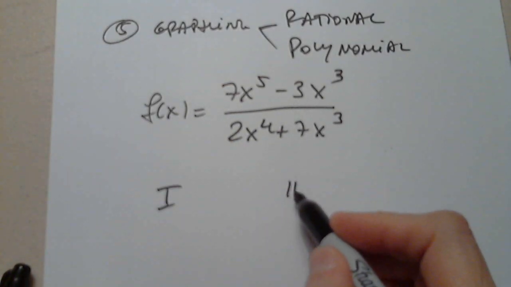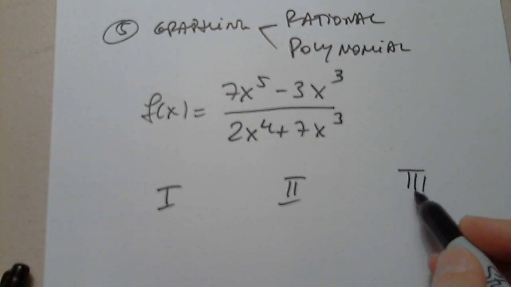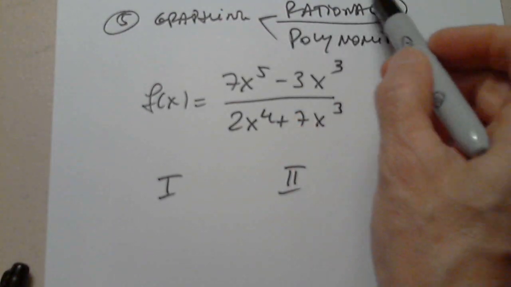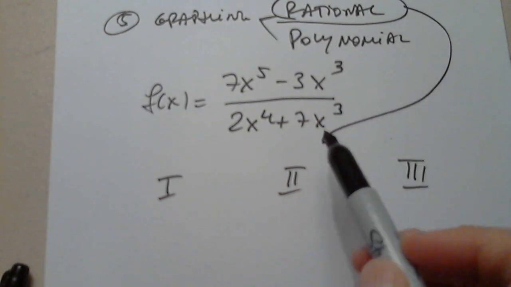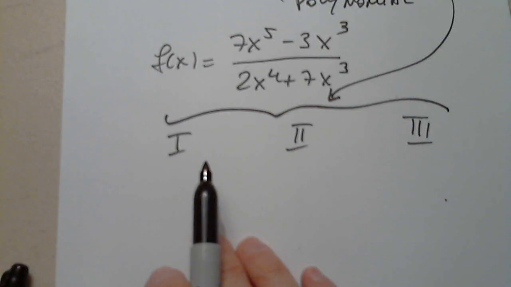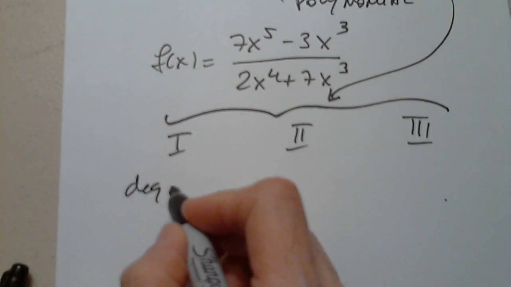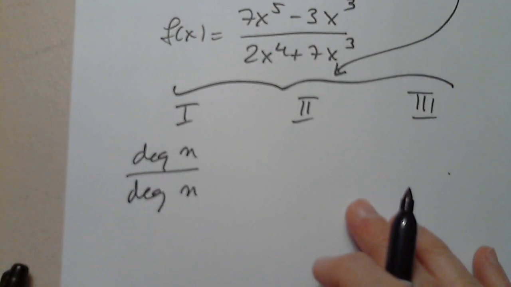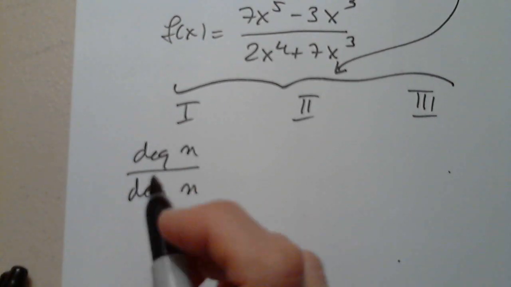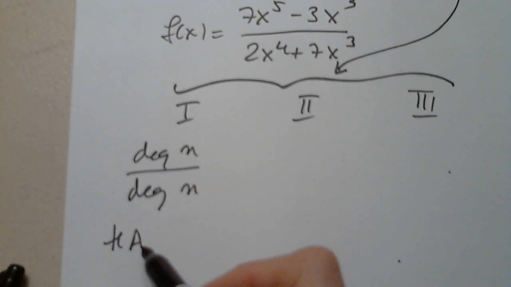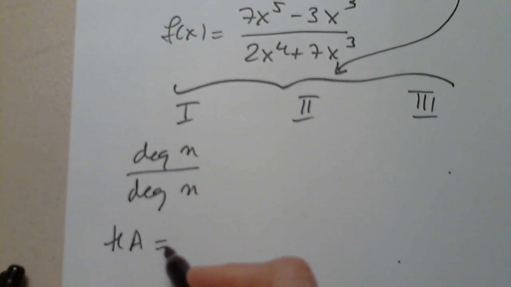Type 1, type 2, type 3. Rational functions. I'm talking about rational functions now. Type 1 has degree n over degree n. Same degree. This one has a horizontal asymptote. What is the horizontal asymptote?